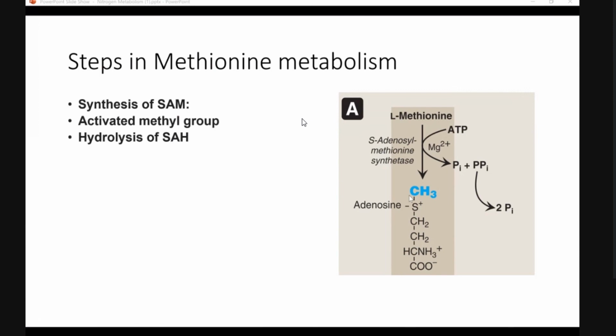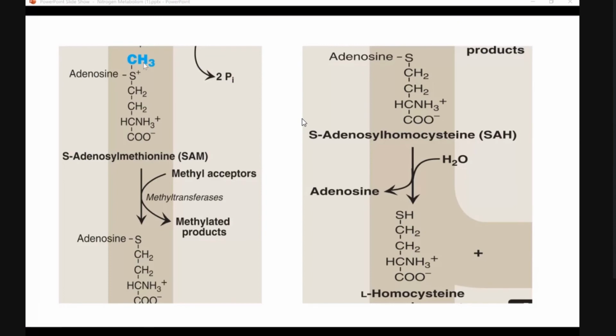The methyl groups can be used for any metabolic reactions. The second step in the metabolism of methionine is by giving the methyl group إلى أي methyl acceptors. ممكن أي reaction يحتاج، بالنتيجة the methionine will lose its methyl group and convert to S-adenosyl homocysteine.